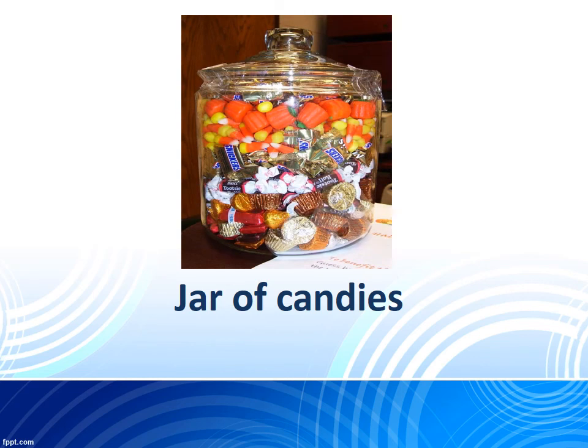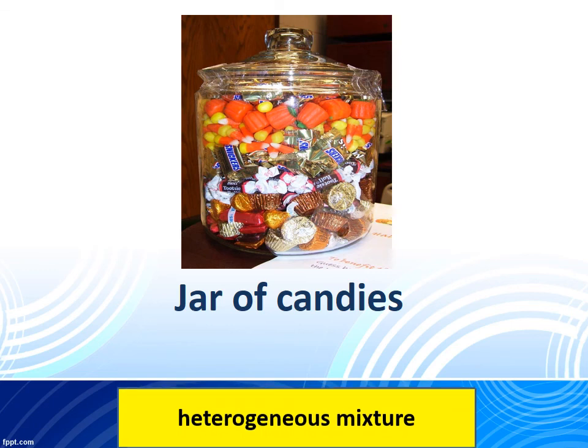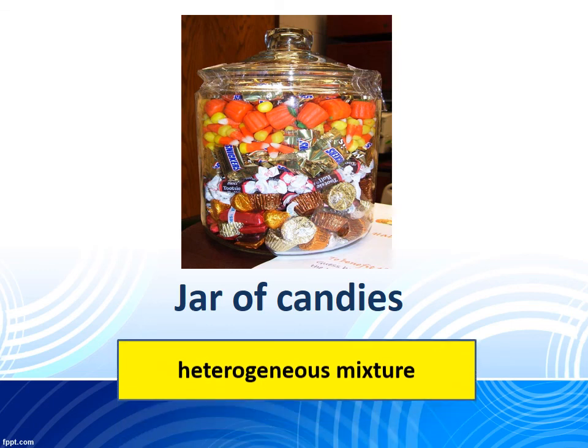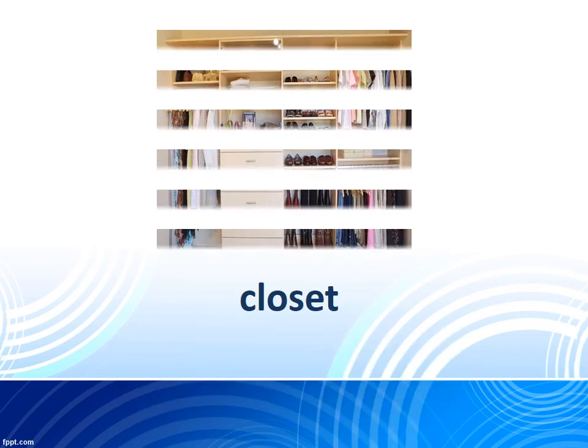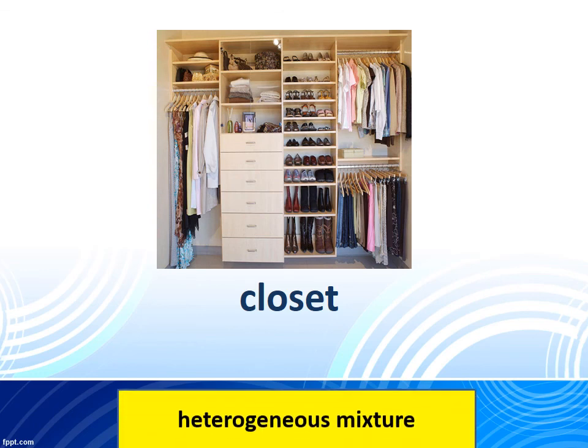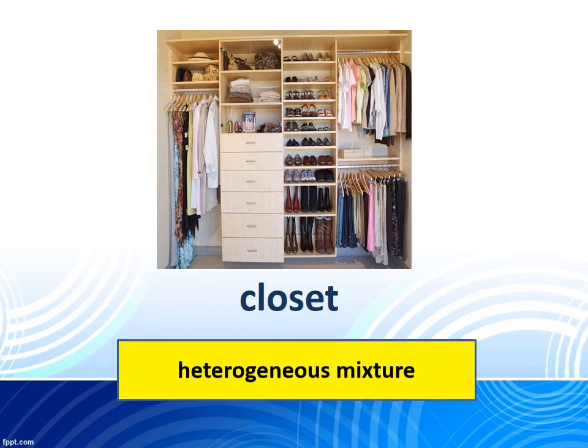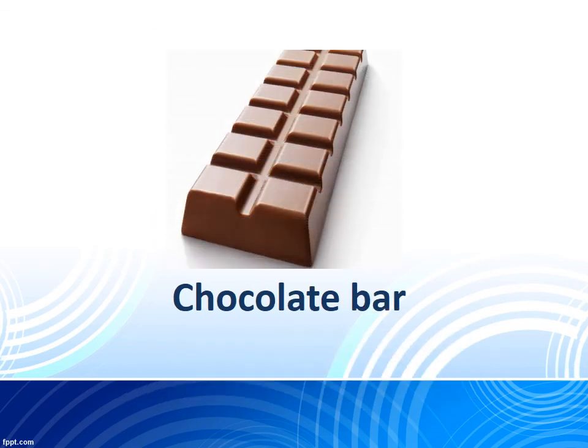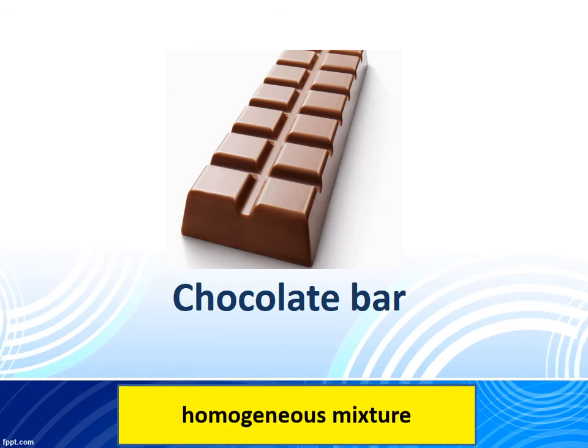Jar of candies. Yes, correct. That is a heterogeneous mixture. And how about your closet? Yes, it's a heterogeneous mixture. Chocolate bar. Okay, correct. It's a homogeneous mixture.